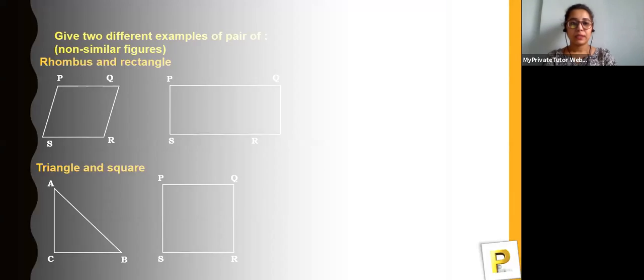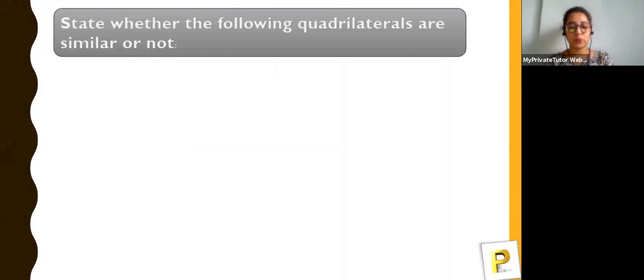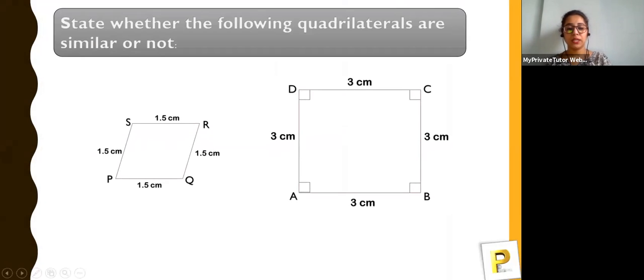Okay, let's get into the next question. The question we have here is: state whether the following quadrilaterals are similar or not. I want you guys to answer this question. One quadrilateral is PQRS and the other is ABCD.